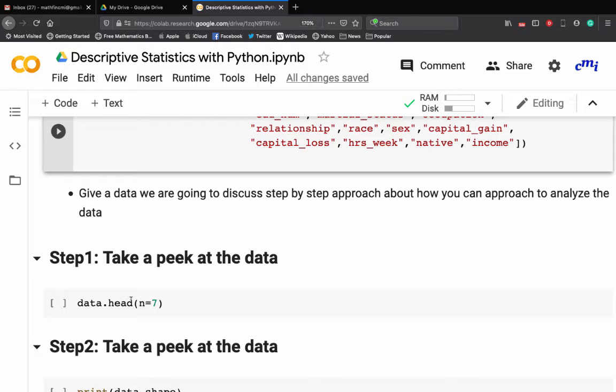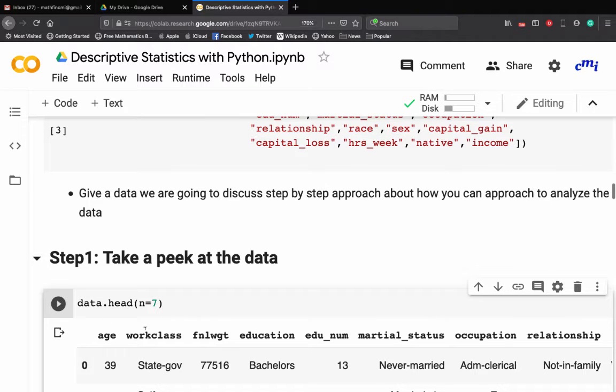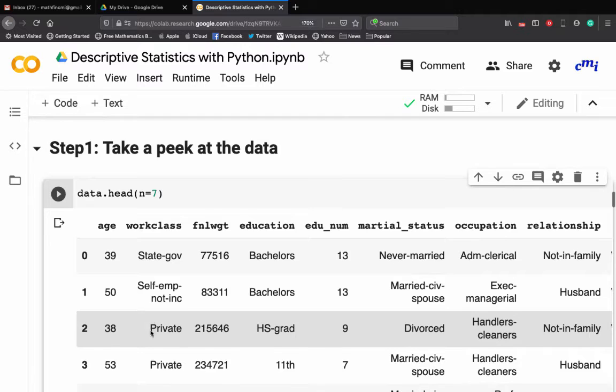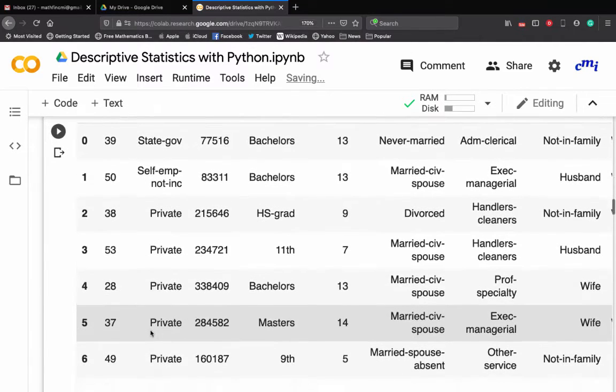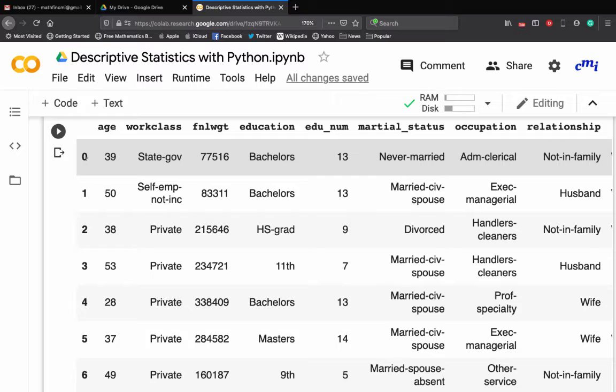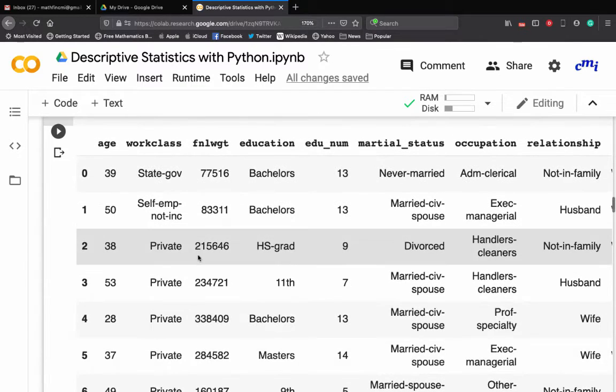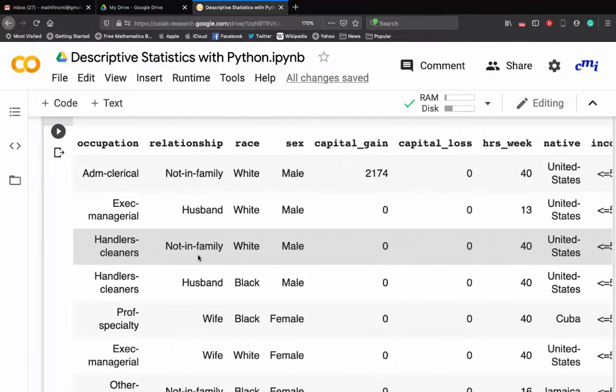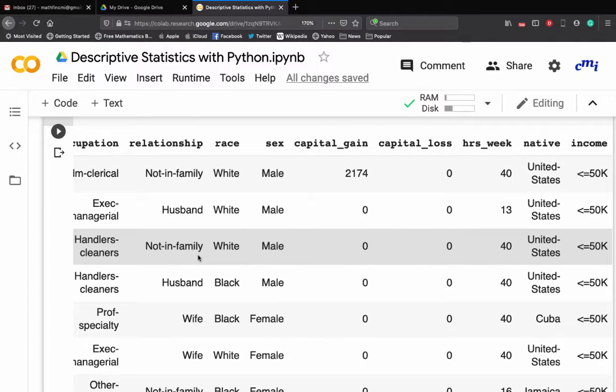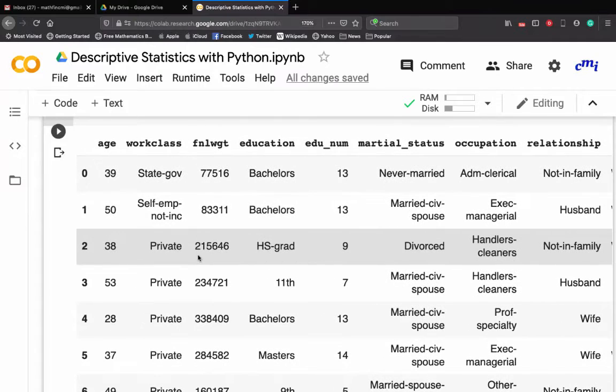If you give data.head with n equal to 7, then it will print the first 7 rows of data. As you know, Python indexing always starts from 0, so it has printed 0 to 6. These are the first 7 rows, with 15 columns being printed.